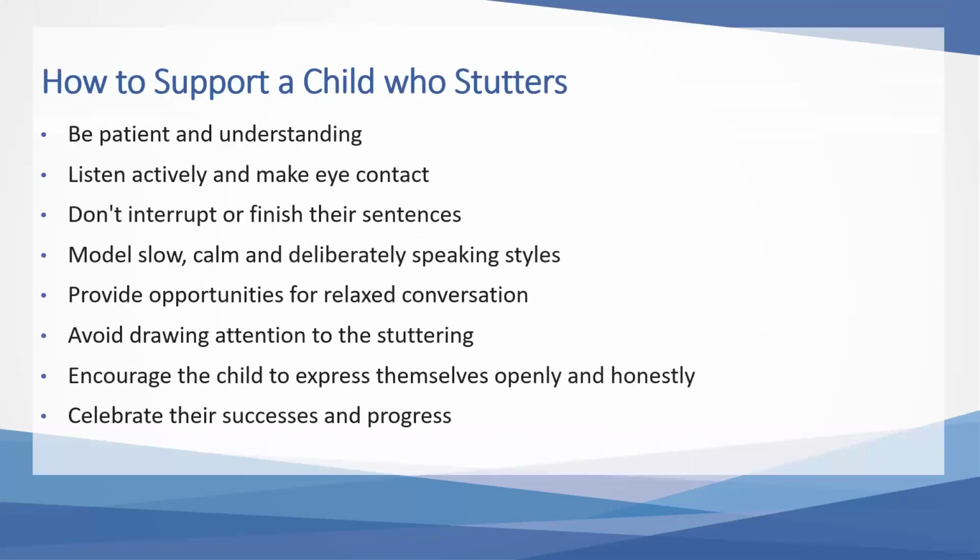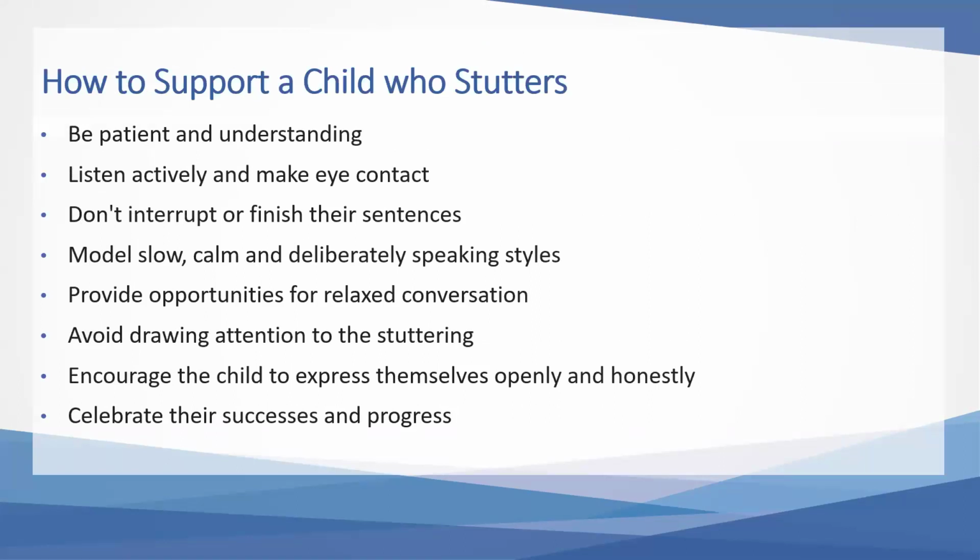So, how to support a child or student who stutters? We're going to go over this list and then we're going to go into a few of them in more depth. So, we of course want to be patient and understanding. We want to listen actively and make eye contact with that person. We don't want to interrupt or finish their sentences.